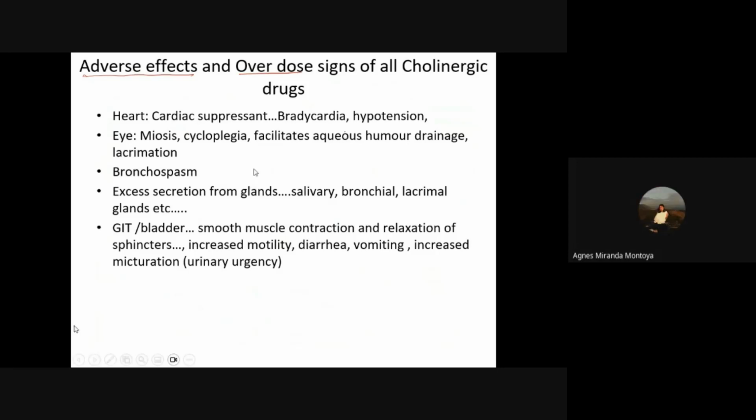SLUDS. All right. And what would you tell me what that is? Salivation, lacrimation, diarrhea, urination, and sweating. Yep. So you could say, hey, if they overdosed on that, I know that.